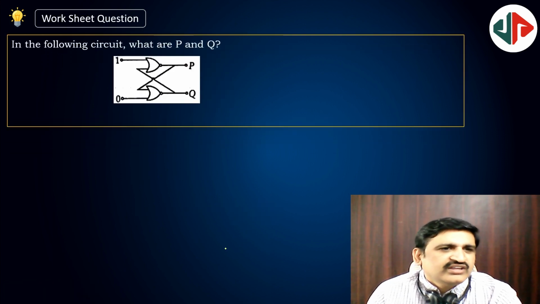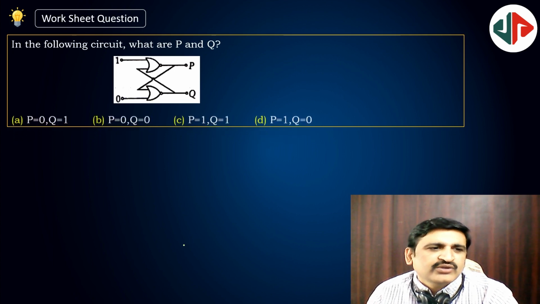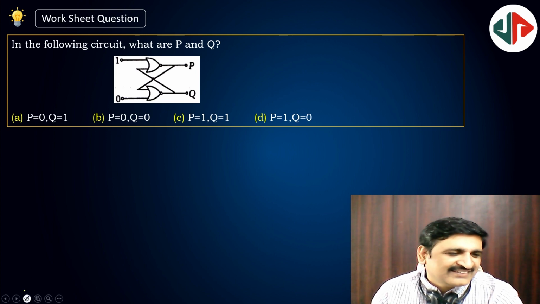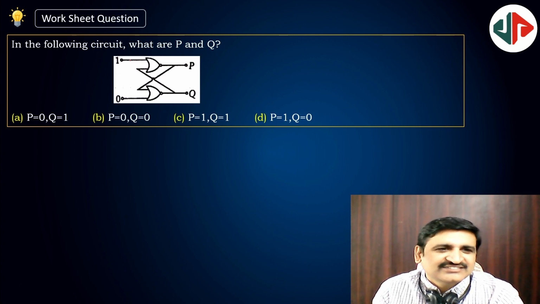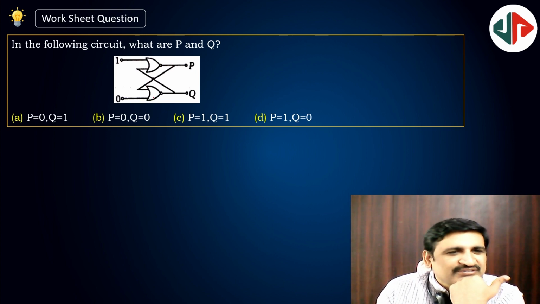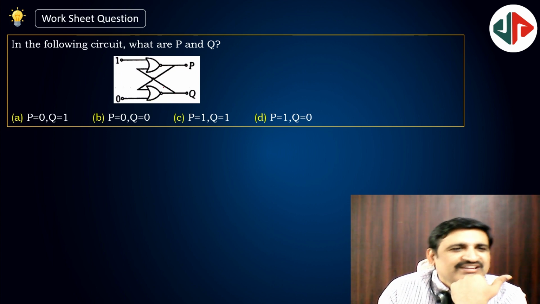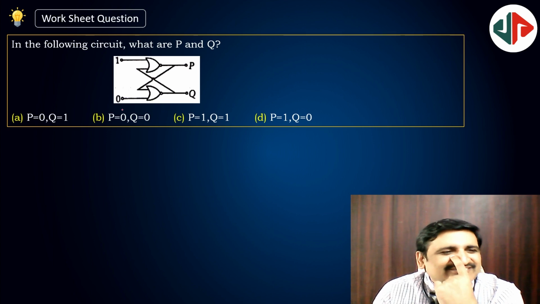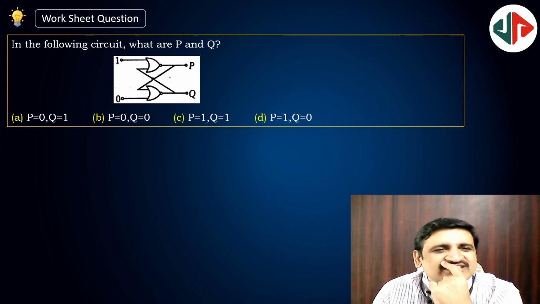In the following circuit, what are P and Q? Let me take it. It's a nice one. This is 1. This output should be given as input to it, and this output should be given as input. So we have to think, suppose the first option, 0, I'll put here.